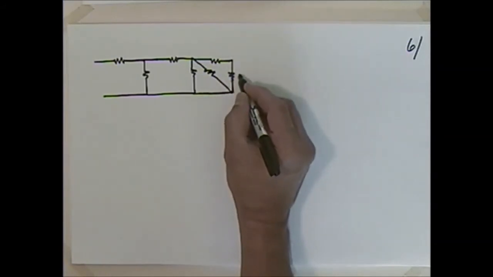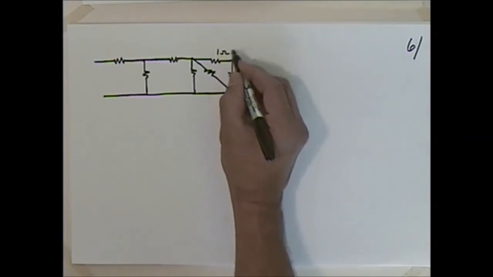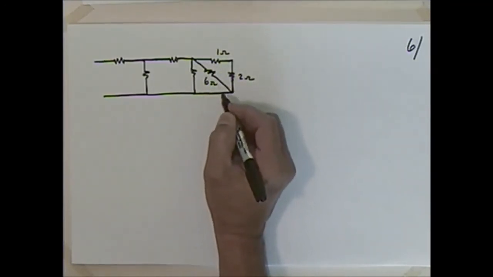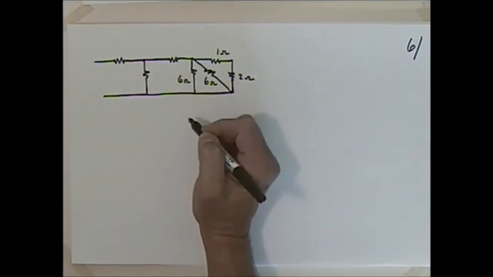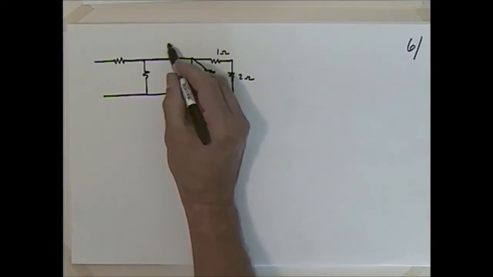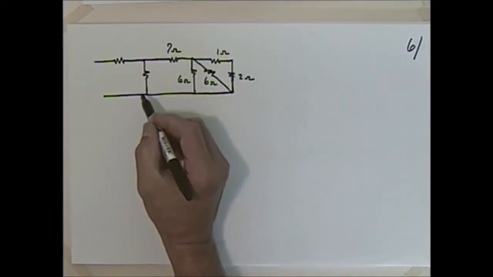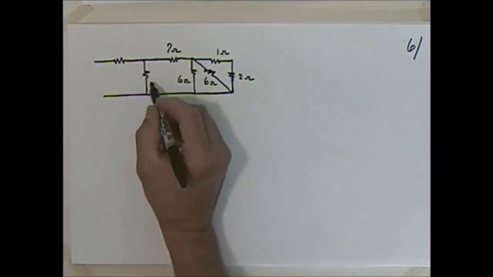Let's say that this is 1 ohm and 2 ohms. Let's say this is 6 ohms. This is another 6 ohms. 7 ohms. It's not going to work out. Yeah, maybe we'll get some funny numbers. That's fine.